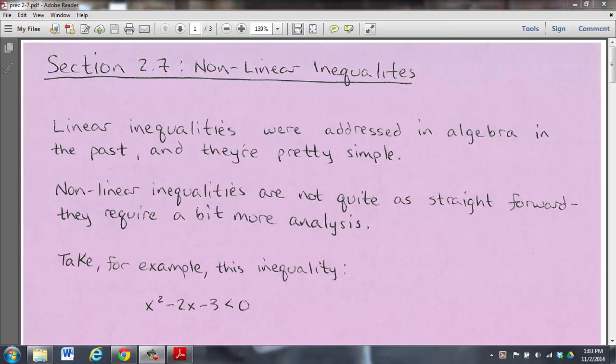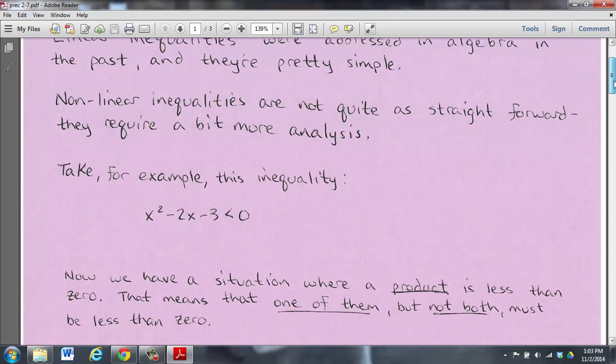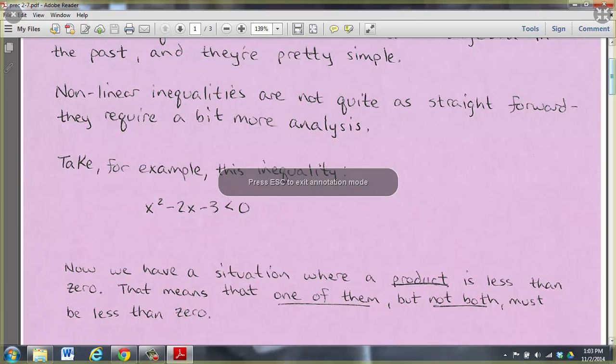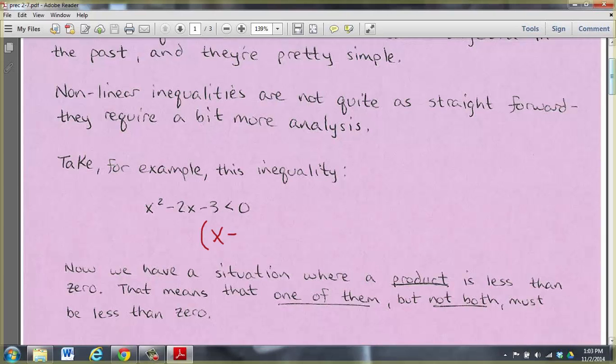Nonlinear inequalities are a little bit different, and so we have to treat them a little bit differently than we did in the past, because now we're dealing with products that are less than or equal to 0. For example, if you look at this one right here, we know that we could factor that to be x minus 3 times x plus 1.